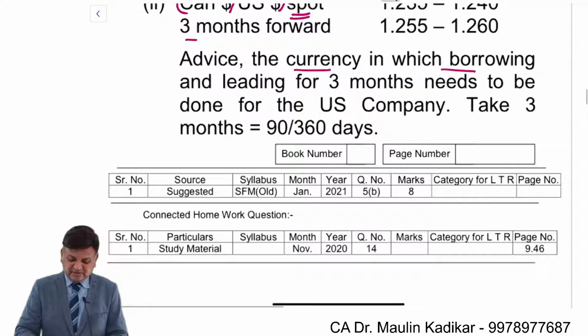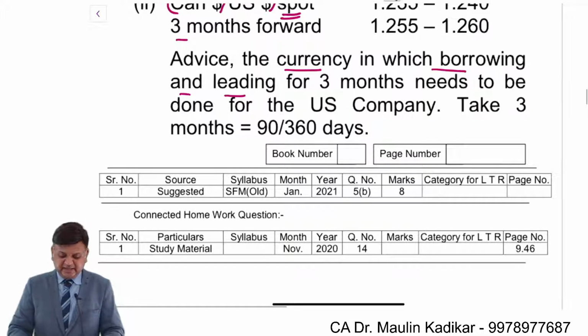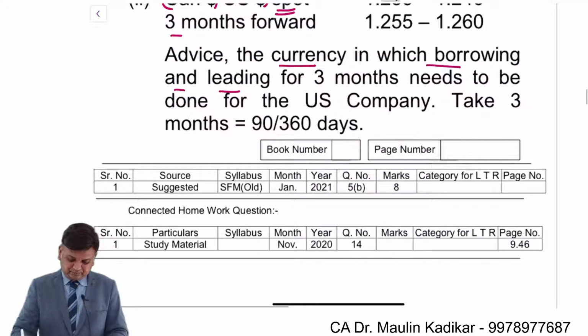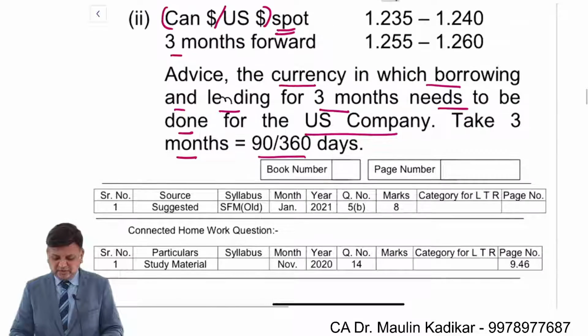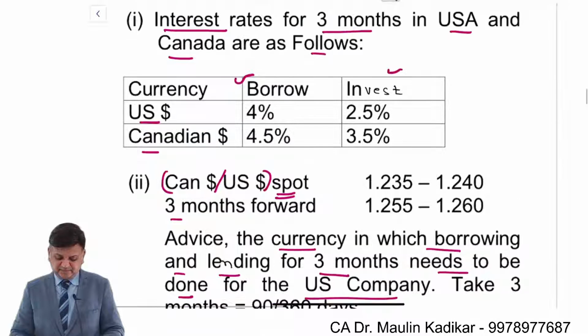Advise the currency in which the borrowing and the lending for 3 months needs to be done for a United States company. Take 3 months as 90 divided by 360 days.